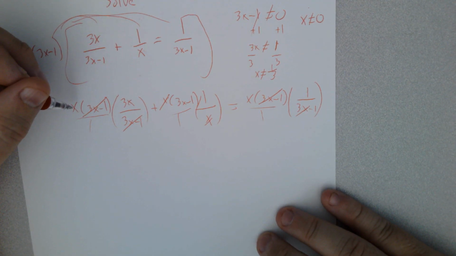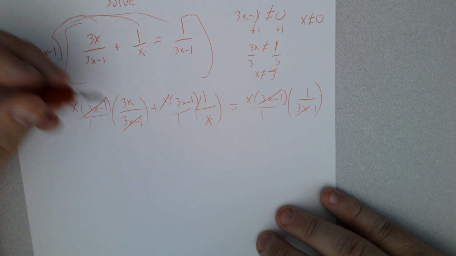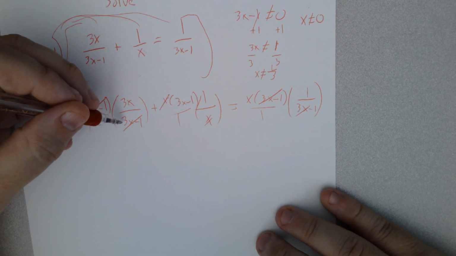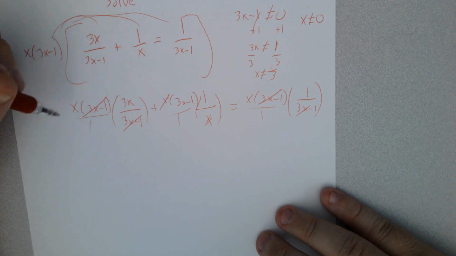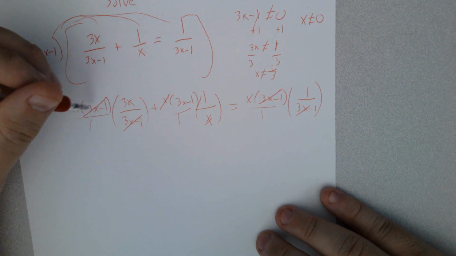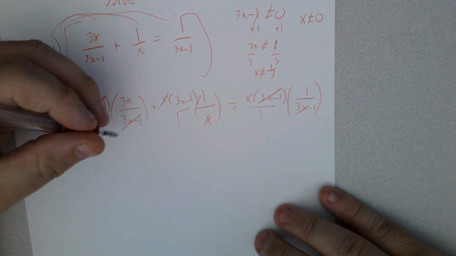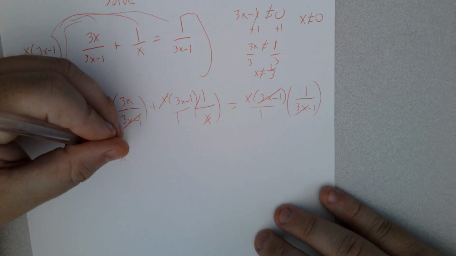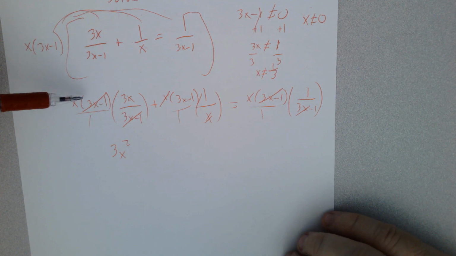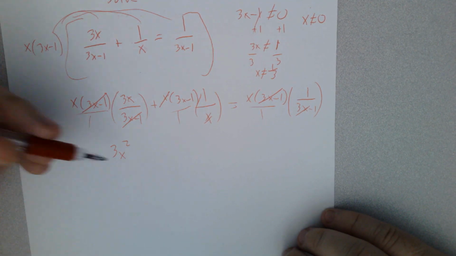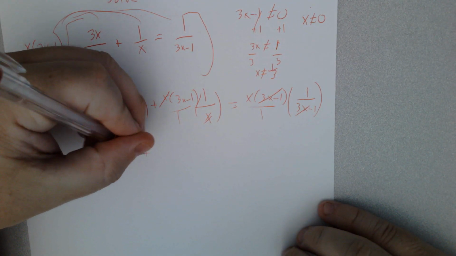So the part of the common denominator that isn't already the denominator is what we're going to multiply by the numerator. Usually I'd just skip this step and go straight to that, but I wanted to show you guys so you can see how that works out. So 3x times x gives us 3x squared.